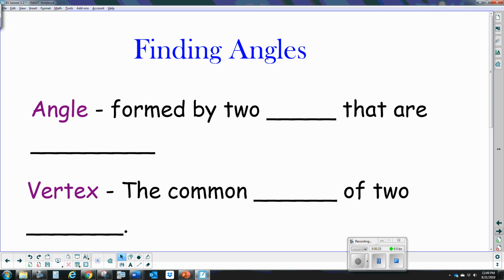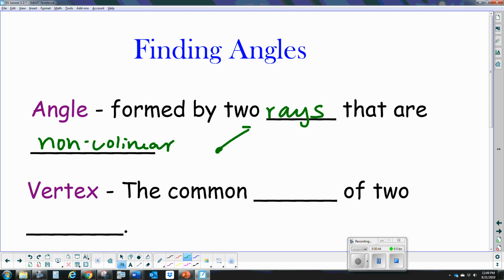So the first thing we're going to define is angle and vertex. An angle is formed by two rays that are non-collinear. So remember, a ray has an endpoint and goes on forever in one direction.